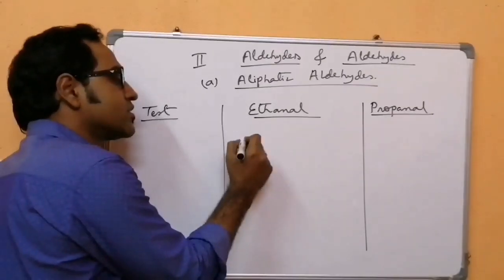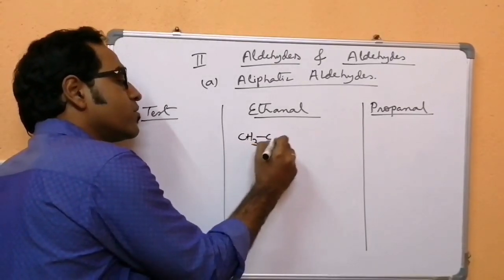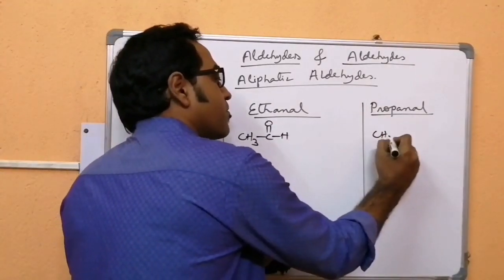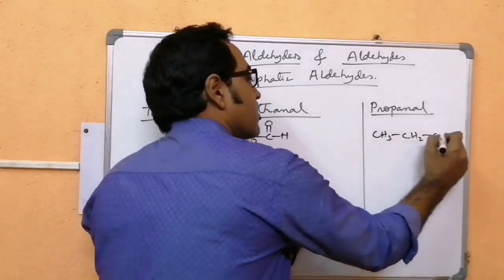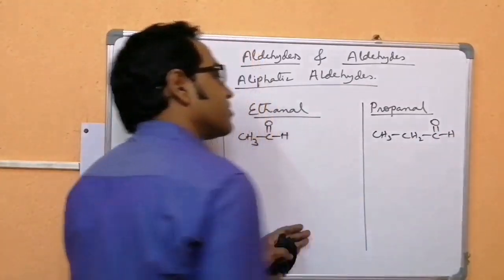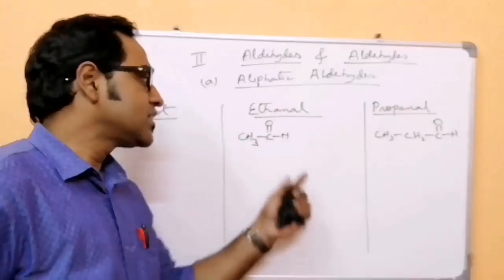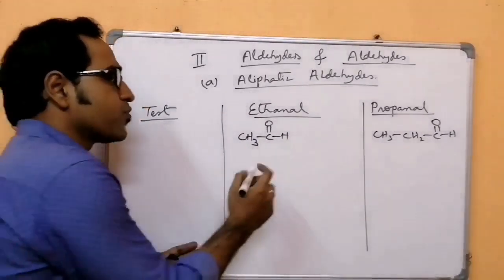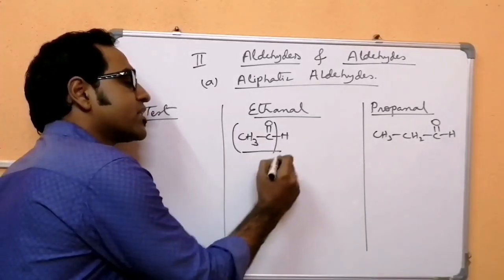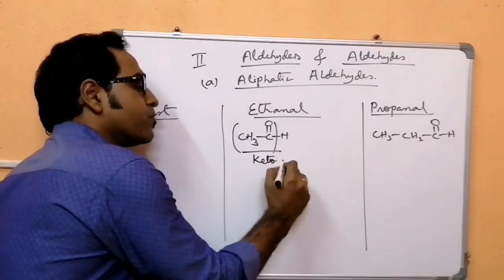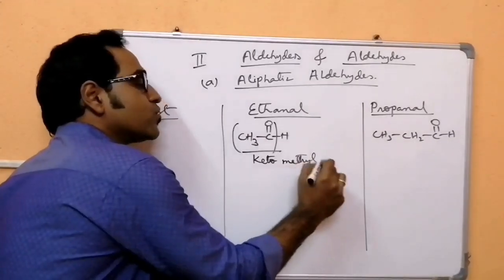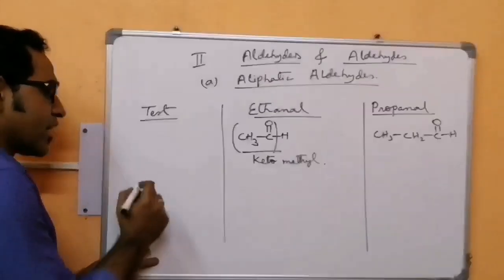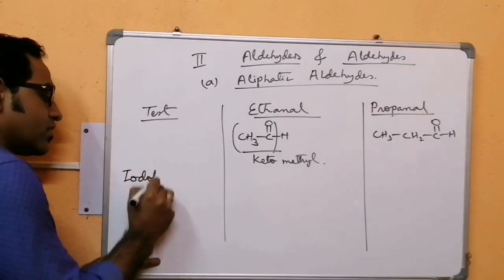Again, you should draw the structure of the compounds, ethanal and propanal. Now from the two structures you can see both are aldehydes, both have the aldehyde functional group, but the first one has a ketomethyl group. What group? Ketomethyl group. So what test are we going to do? We are going to do the iodoform test. So here we will write iodoform test.